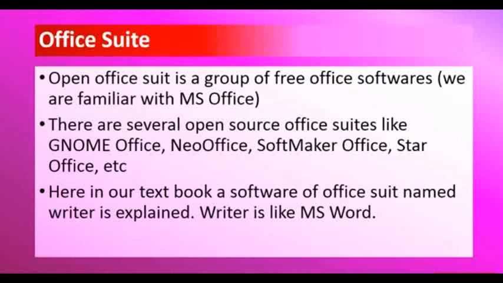So Office Suite is a collection of different free Office software, the same way as MS Office is a collection of different programs like Word and PowerPoint and Excel and all those things. Now there are several open source Office suites like GNOME Office, Neo Office, SoftMaker Office, Star Office, etc. Here in our textbook, a software of Office suite named Writer is being explained.